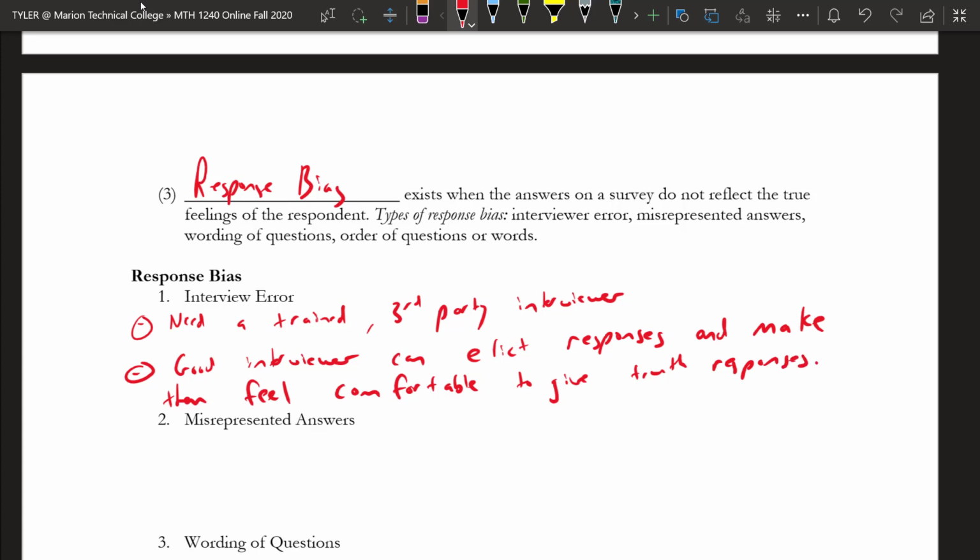So that's why you want someone who's trained, so they can do that effectively.